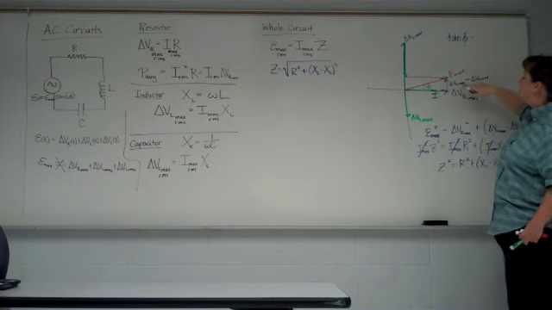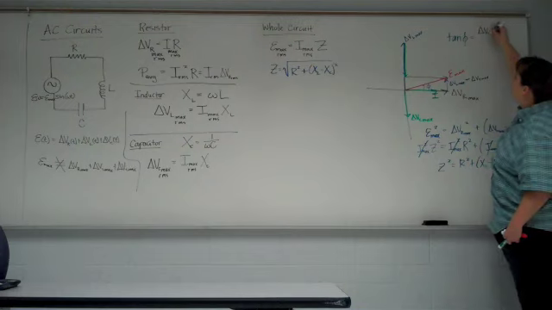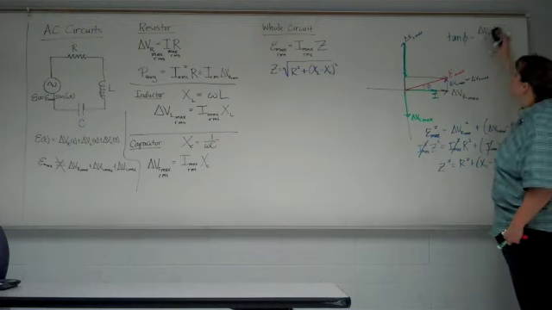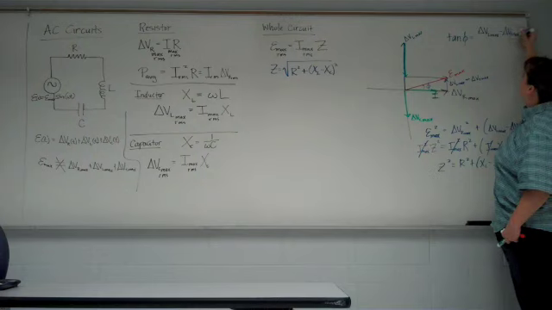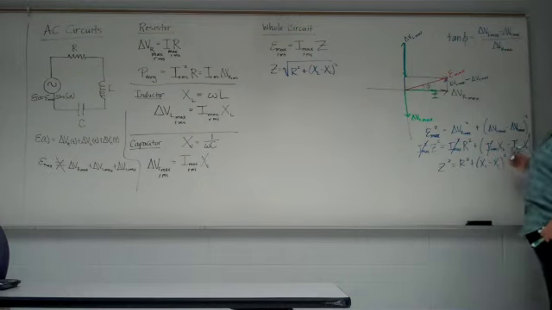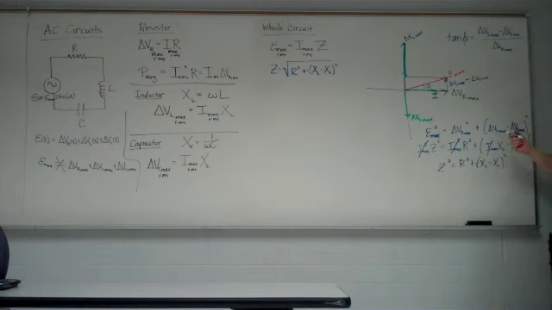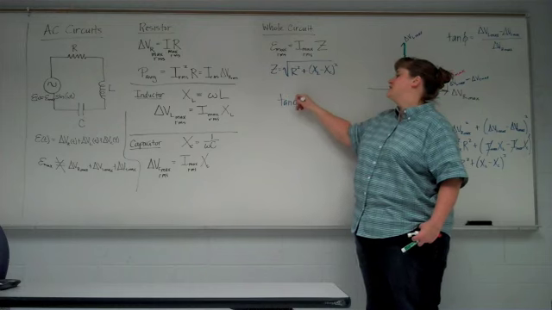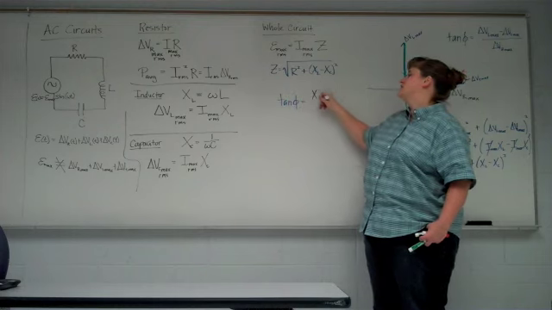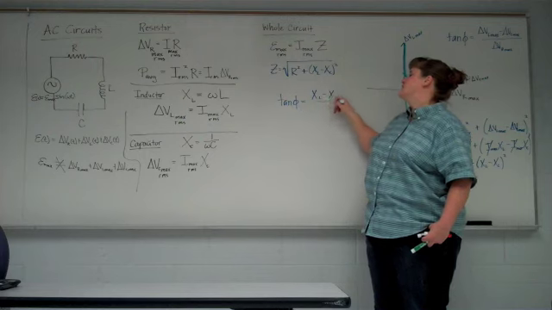Tangent of phi would simply be delta V L max minus delta V C max over delta V R max, which if we make the same substitutions we did down here, all the currents will cancel, and we find that the tangent of phi is equal to XL minus XC over R.